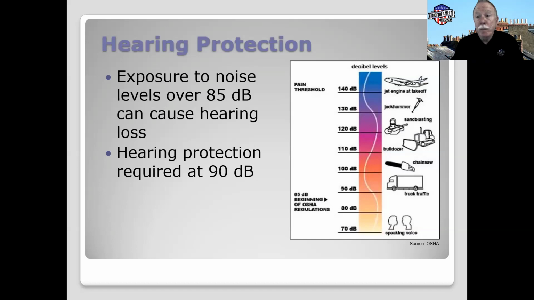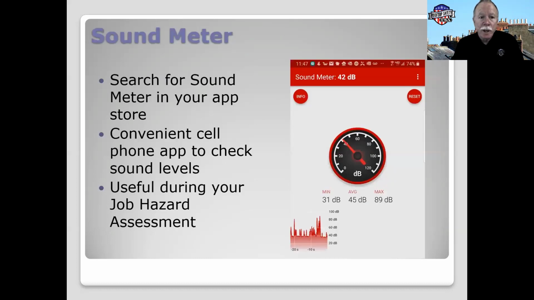Think about any of the power equipment you're using, like your sweep vac, anything like that may need hearing protection. You can get a cell phone app, sound meter. It's a very quick, easy, useful way to determine what the noise levels are in your work area.